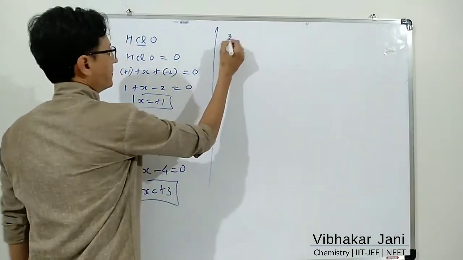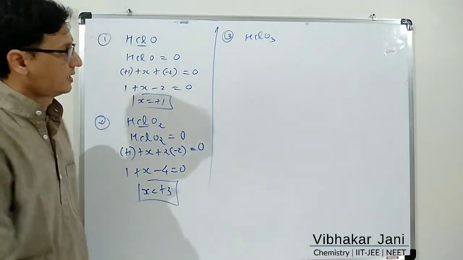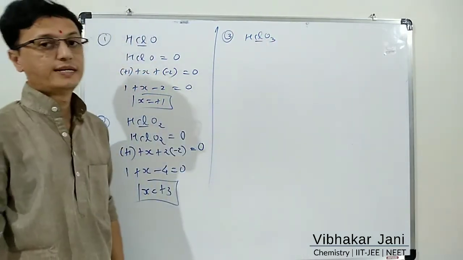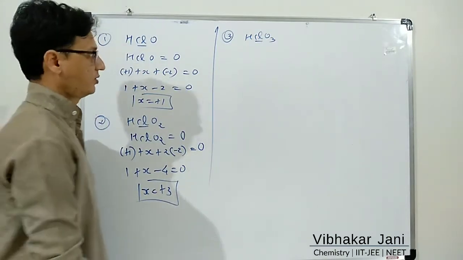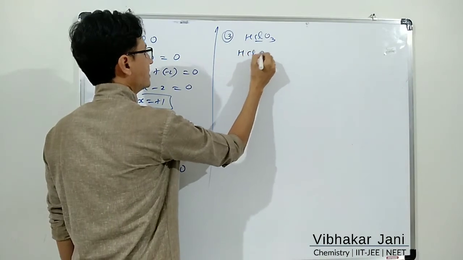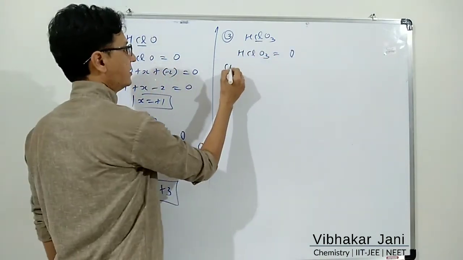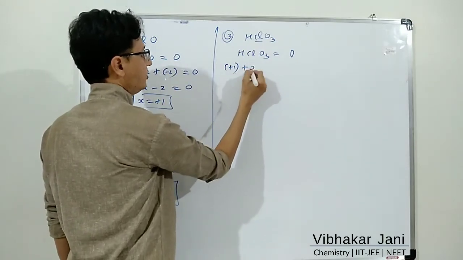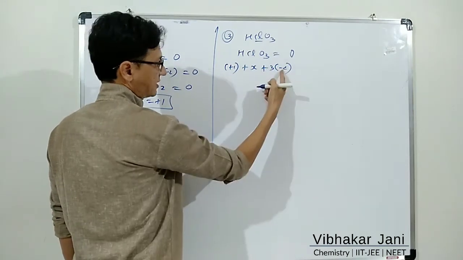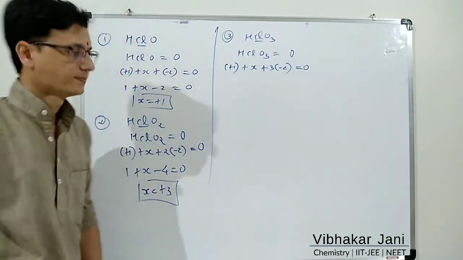Third example, HClO3. If we are asked to find the oxidation number of chlorine in HClO3, then what will happen? Again, HClO3 is equal to 0 as it is a neutral molecule, so +1 for hydrogen, plus X for chlorine, and 3 multiplied by the oxidation state of oxygen, that is -2, equal to 0.